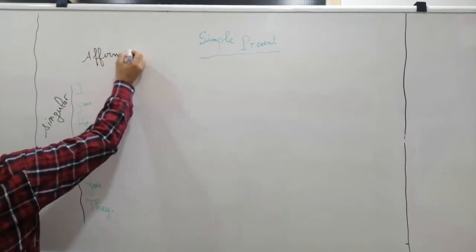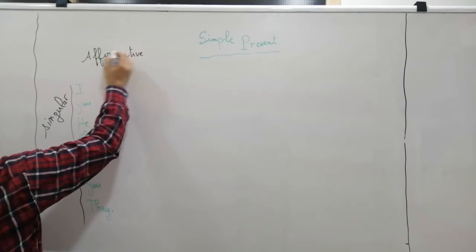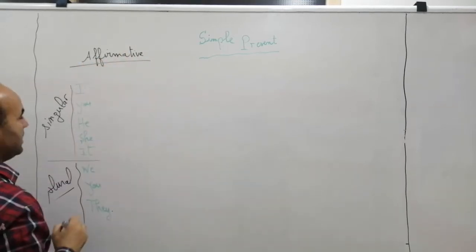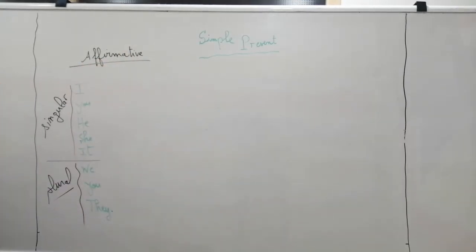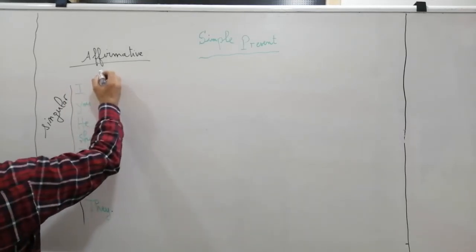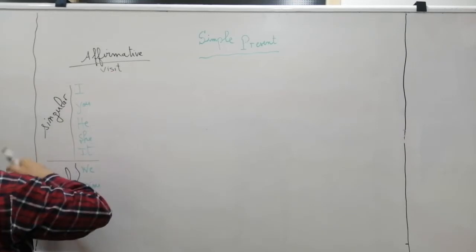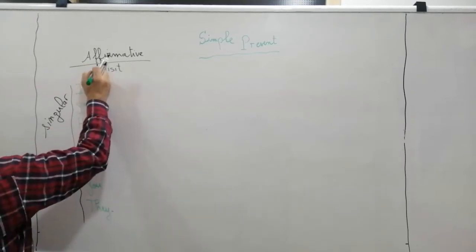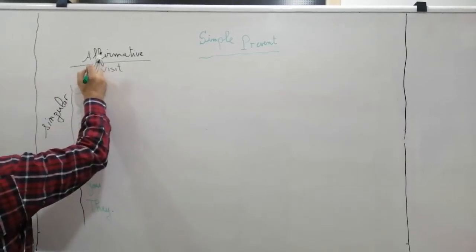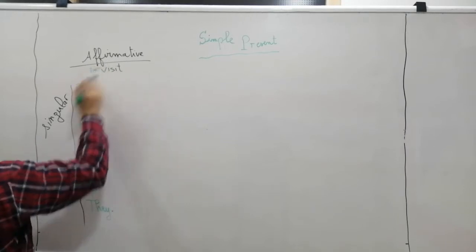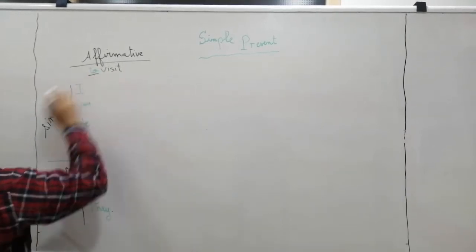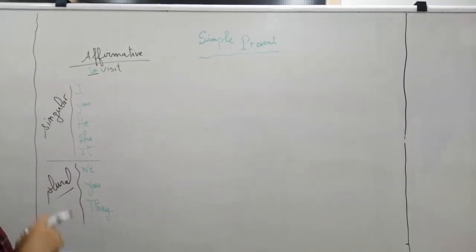Affirmative. Good. Let's, for example, choose the verb to visit. Verb to visit. Remember we use to. What is to? Later we talk about the to infinitive.